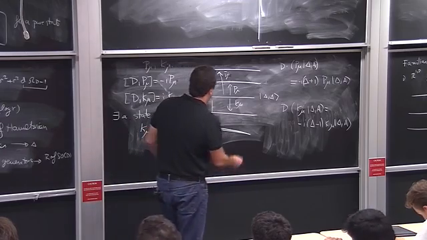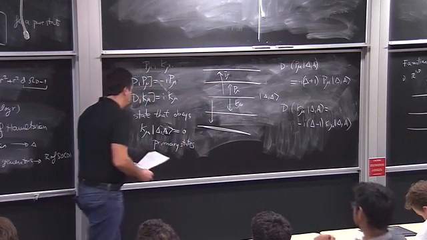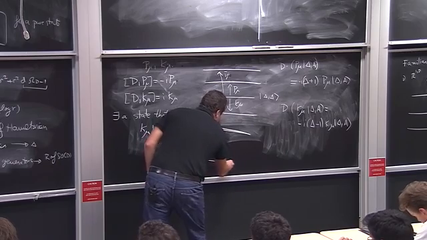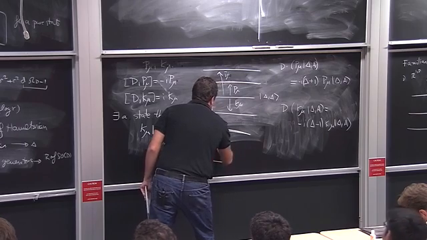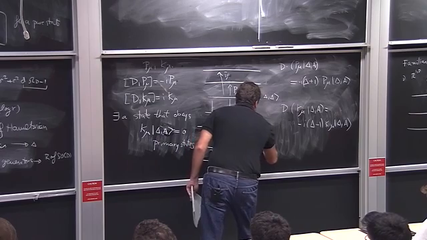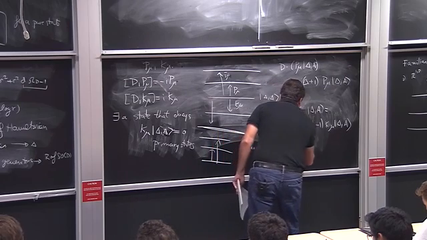And then all the states that you create from the primary by acting. So now, in order to construct the representation, I have chosen my lowest dimension state. I will act now an arbitrary number of times with P. The operators that you get by acting in this way are called descendant states.